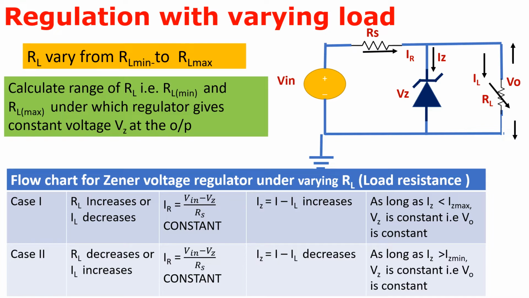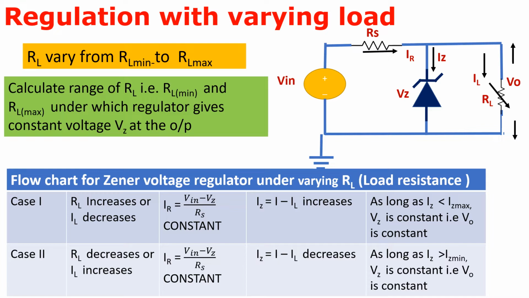So in the first case, we have to consider the specification of Zener maximum current. In the second case, the load resistor is decreasing and IL is increasing. IR is again constant because Vin and Vz are the same and RS is the same, so the current will be the same. But the Zener current will decrease. Why? Because IR is constant and IL is increasing, so the difference IR minus IL will decrease.